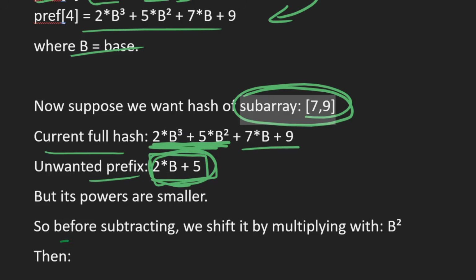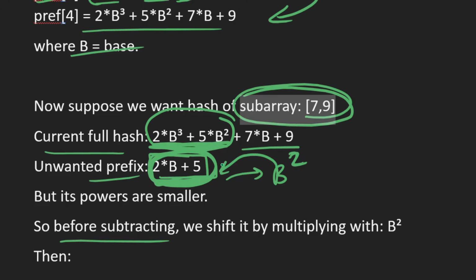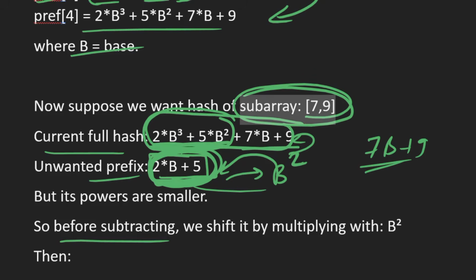So before subtracting the unwanted prefix, we shift it by multiplying it so that it is compatible. Here the power is smaller by b square, so we multiply this unwanted prefix by b square and subtract it from the full hash value. So we get 7b plus 9 directly, right?